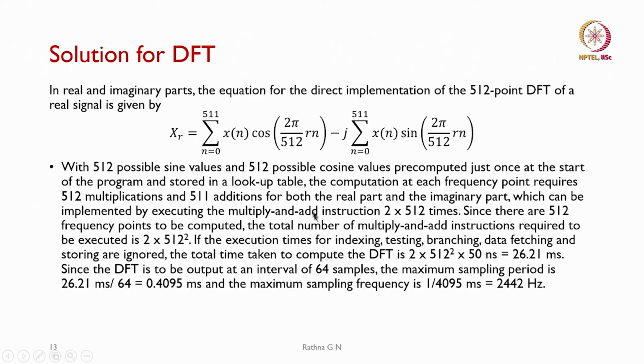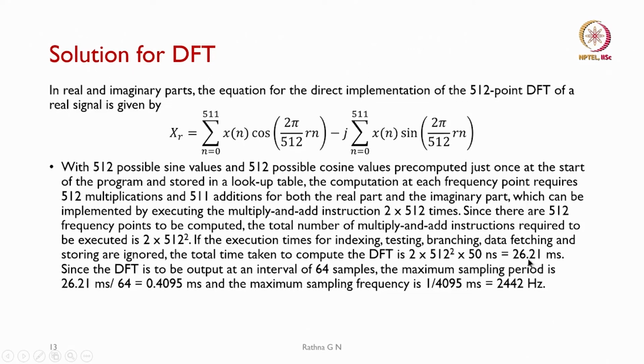So it is of order N, 2 times 512, but r goes from 0 to 511, so the computation time for the N-point DFT is 2 times 512 squared. We combine multiplication and addition, which is of order N squared, and each takes 50 nanoseconds as given.